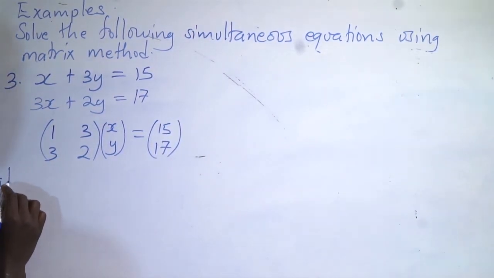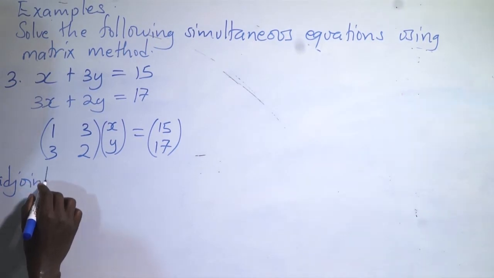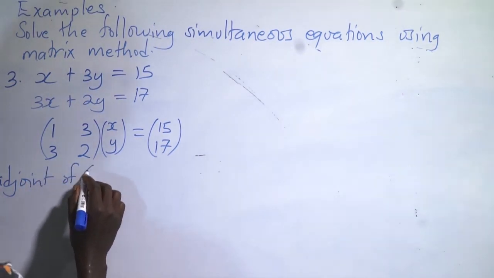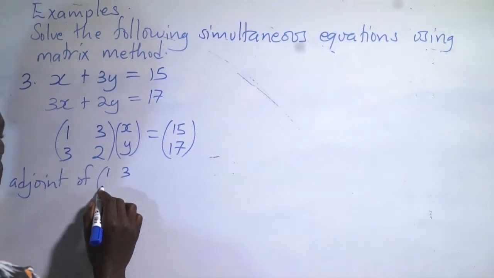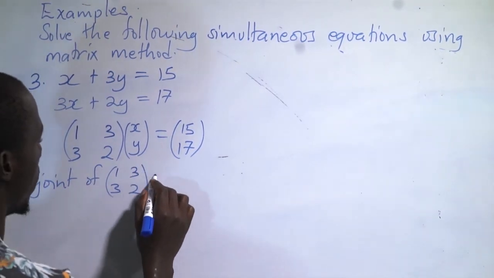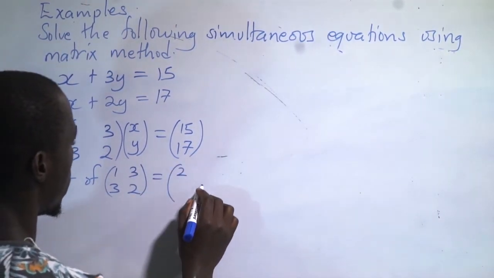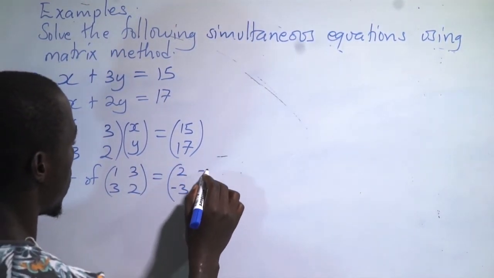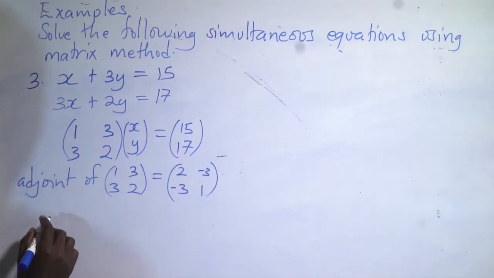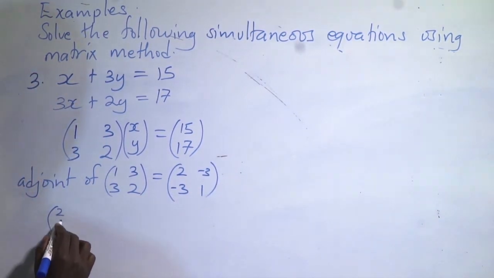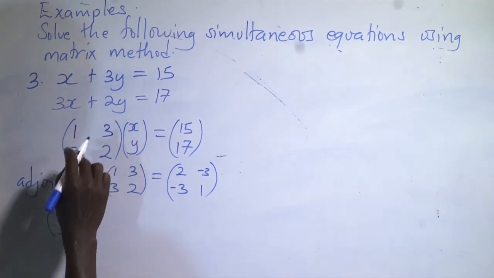Then the adjoint is equivalent to, we interchange the leading diagonal, change the sign in the minor diagonal, then left multiply the adjoint on both sides of the previous equation.